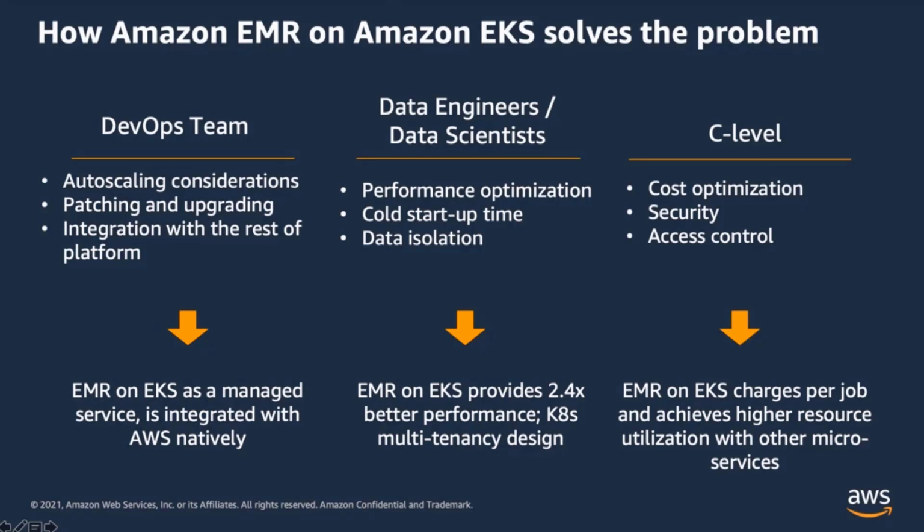And also one thing we heard from customers using EMR EC2 is about the cold start time. But now if you have a running EKS cluster, it may take less than a minute to spin up a pod or a new node based on your job queue. And you could create different namespaces for different teams to make sure the data is isolated and secured.